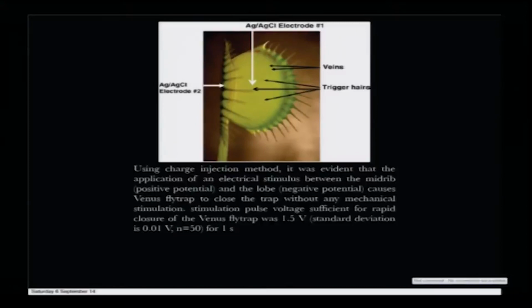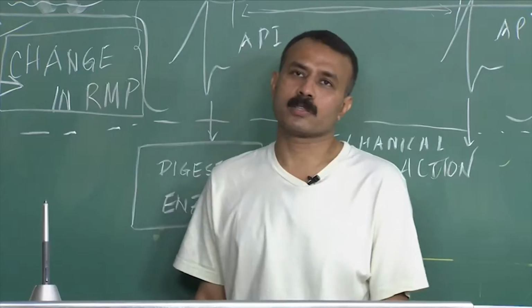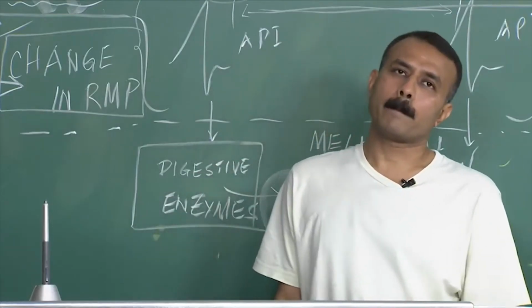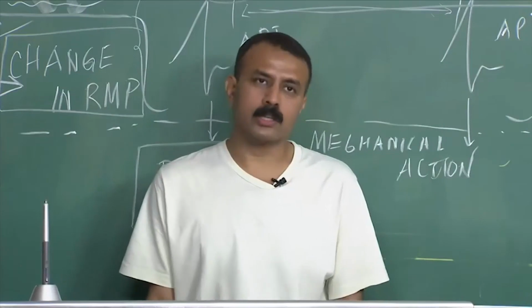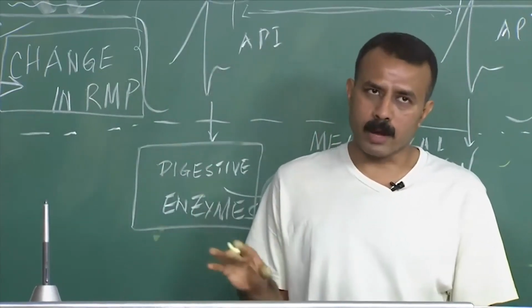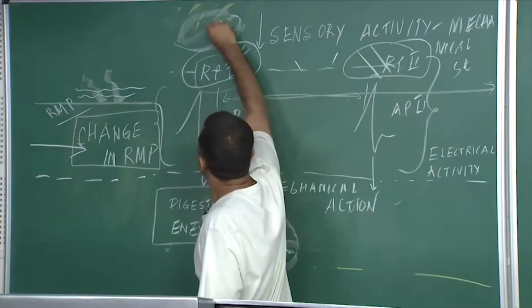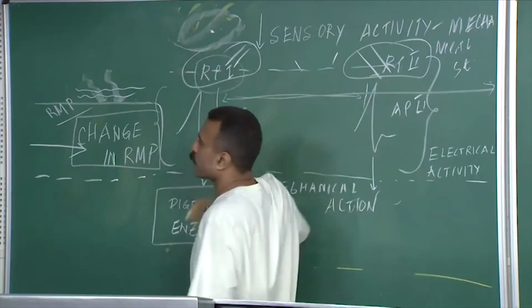This is very interesting to note: in a natural condition, this process is influenced by the mechanical response obtained by the plant because an insect sits on top of it.